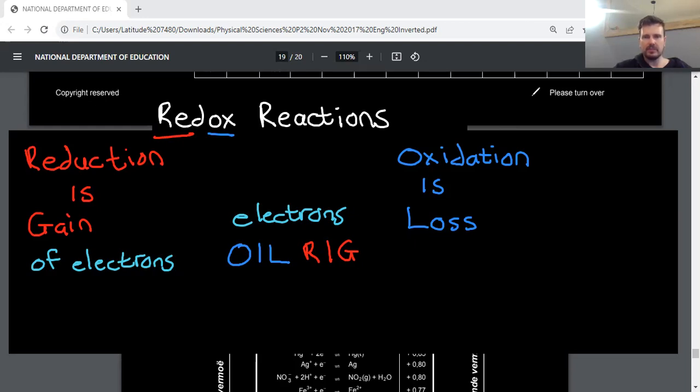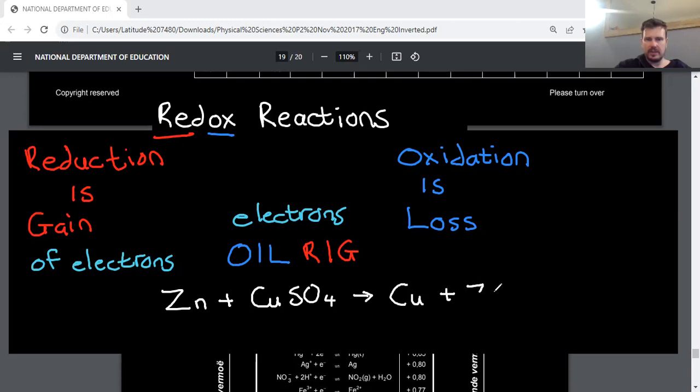Let's look at an example. We could have something like Zn plus Cu going to copper plus ZnSO4.